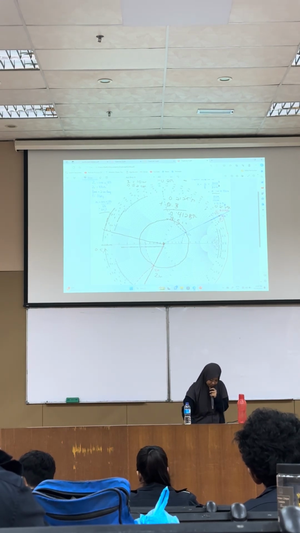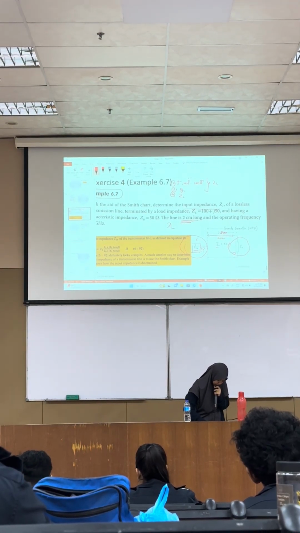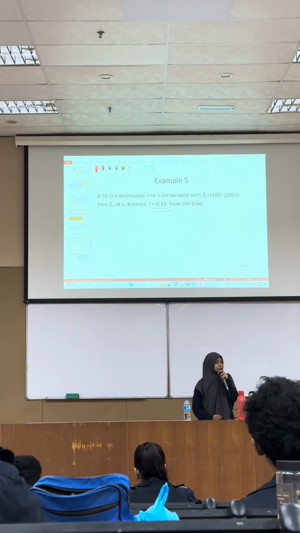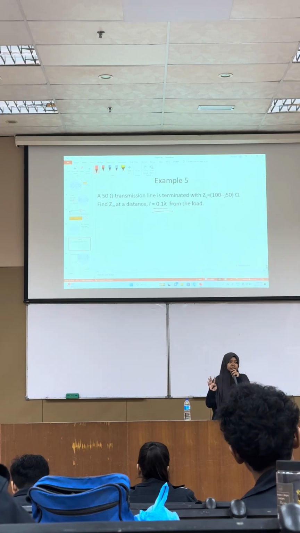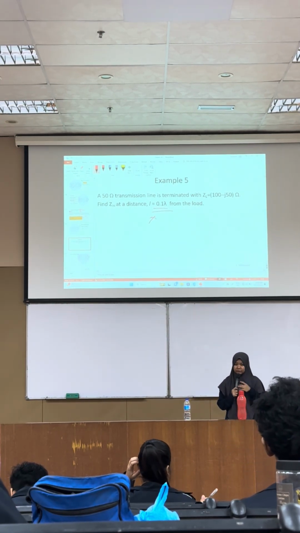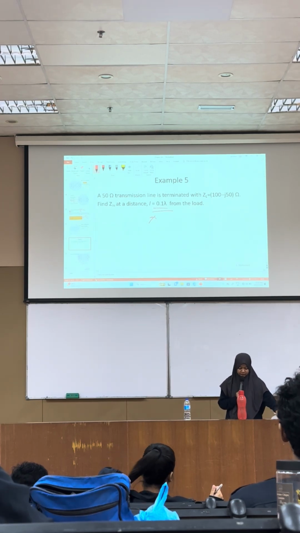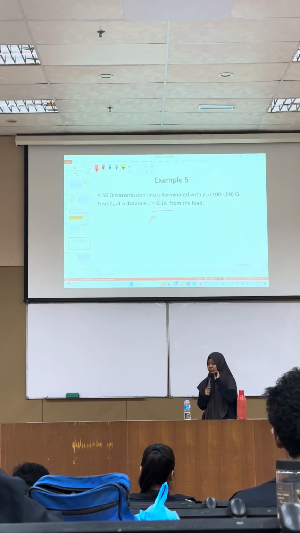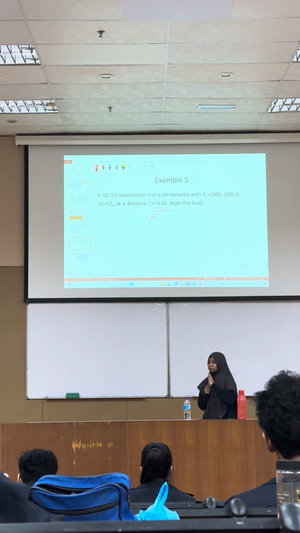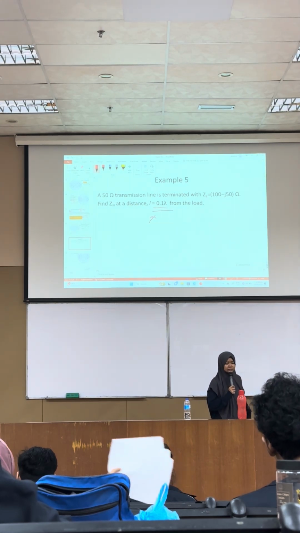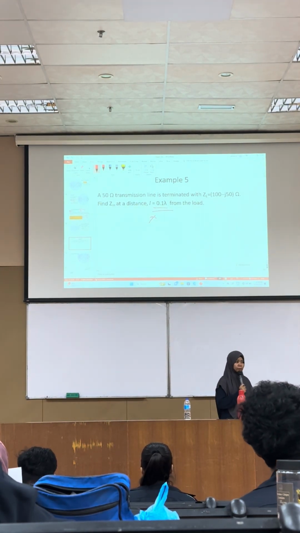Okay, so dah faham? So can you do question number 5? This one is very easy. You don't have to change to lambda. Okay, just add the value 0.1 lambda. Cara yang sama. The same method, just add the value of lambda. You don't have to change, because the distance is given in lambda form.